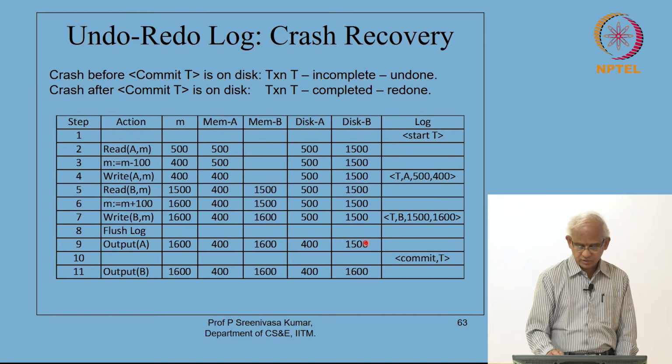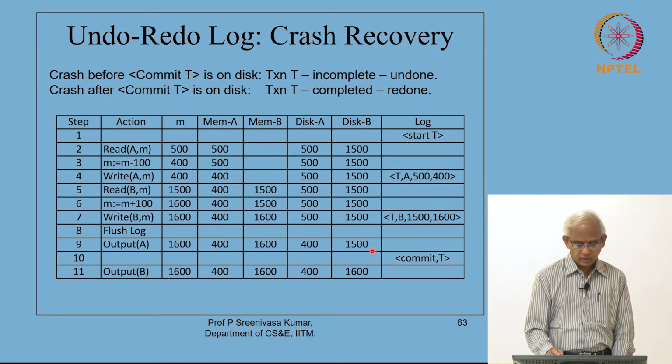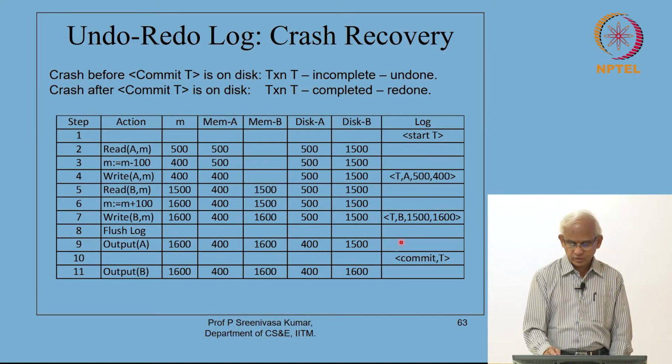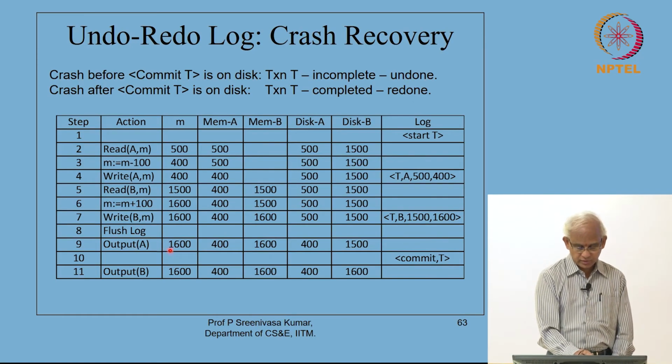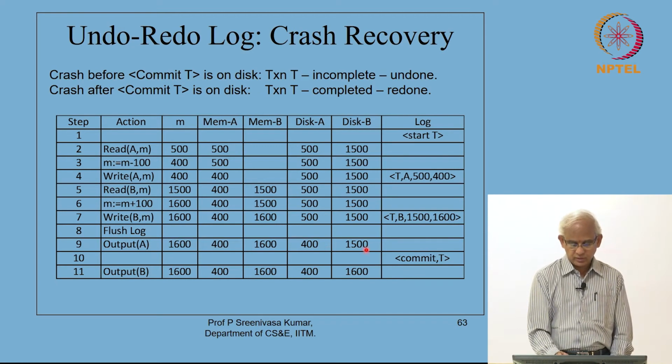So if the crash occurs before commit T is on the disk, that means somewhere here, then we are going to deem the transaction T as incomplete, and it will be undone, even though it has actually completed its work and transferred some of the changes to the disk.